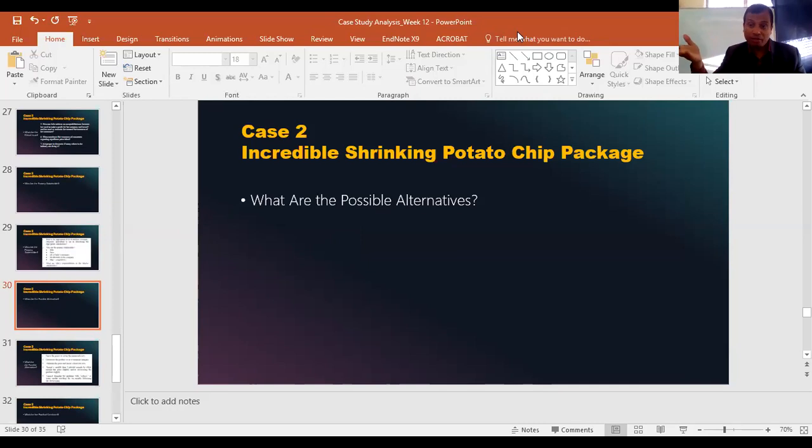Alternatives for Julie, or you can think about alternatives for Dave. Both are the protagonists in this case. So think about what the options, actions, and steps are available for Julie in terms of decision making.